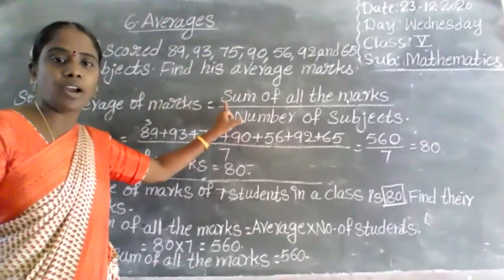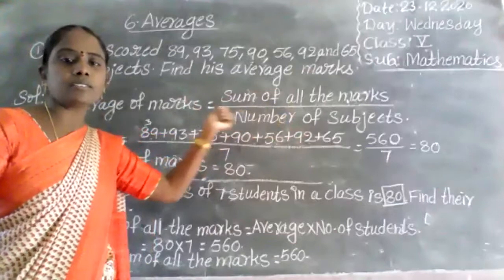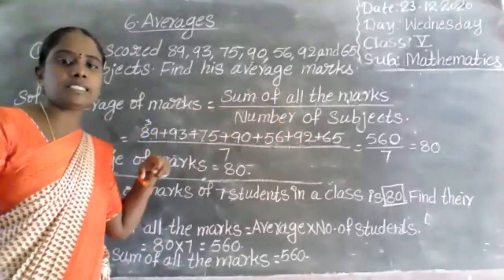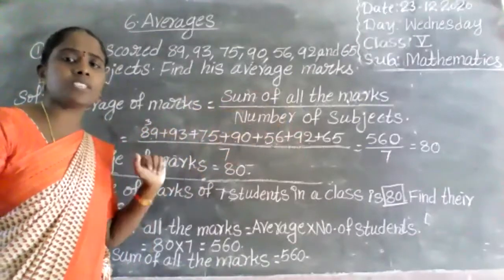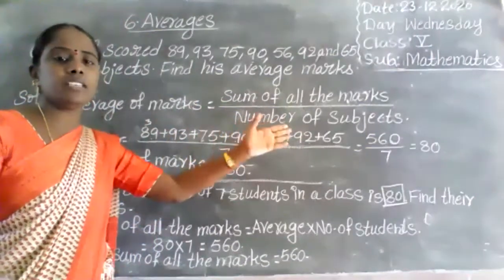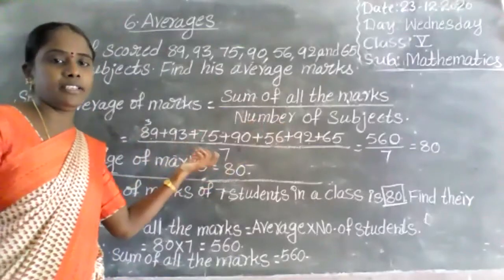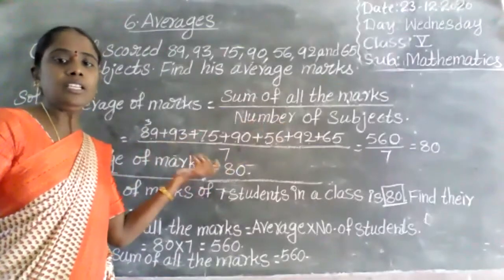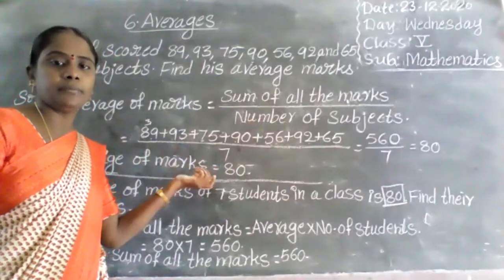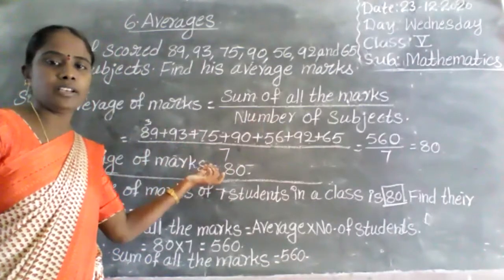So we find out only the sum of all the marks, sum of all the quantities, sum of all the observations. According to the problem, sum of all the quantities equals average into number of quantities, or number of students, number of subjects, number of boys.